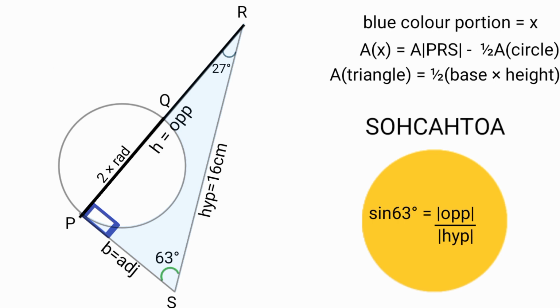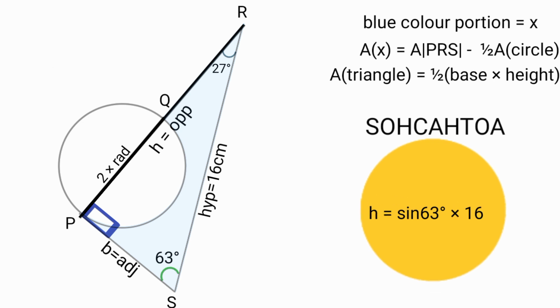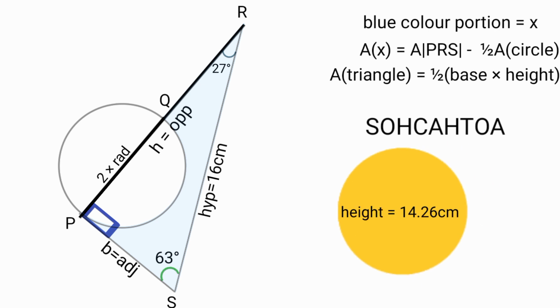Theta is 63 degrees, opposite is the height, and hypotenuse is 16. So sin 63 degrees equals height over 16. Making height the subject, height equals sin 63 degrees times 16, which is 14.26 approximately. So the height of the triangle is 14.26 centimeters in length.